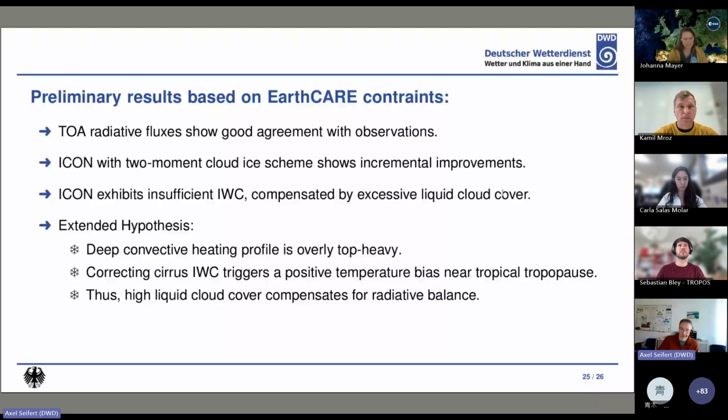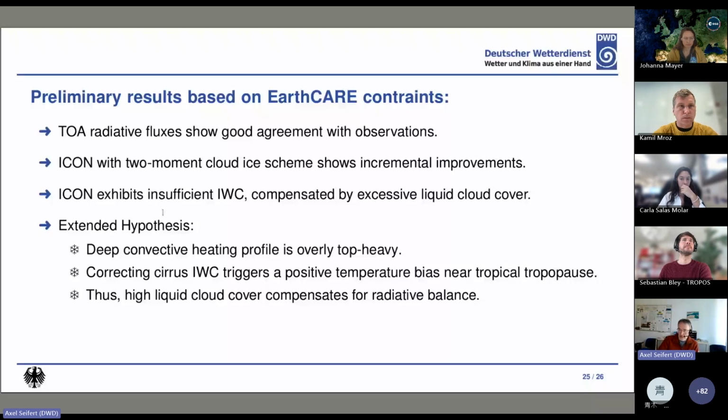So to summarize, we have a good agreement for the radiative fluxes, especially over land. The two-moment scheme shows only very incremental improvements, but is basically very similar to the one moment.